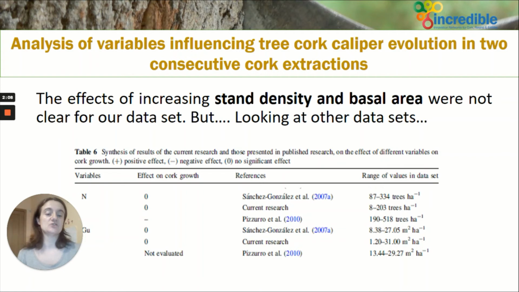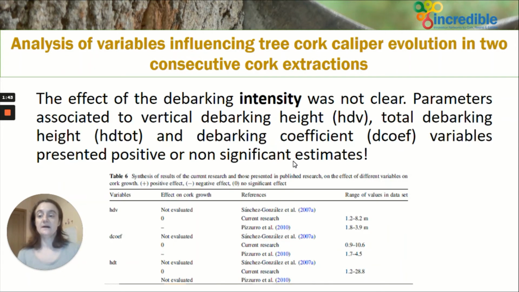Again, looking at the range of values is very important, to observe our results compared with the results of other colleagues in other publications that have a range of values distinct from ours. And here we see that Pizurro has stands characterized by larger tree densities. So this is very relevant for the observation of the results.